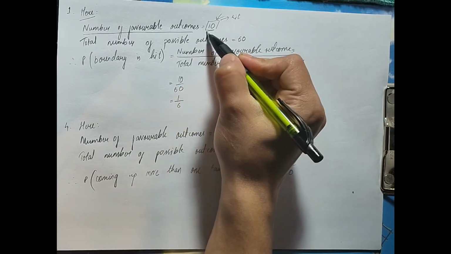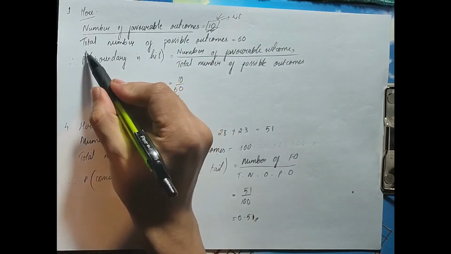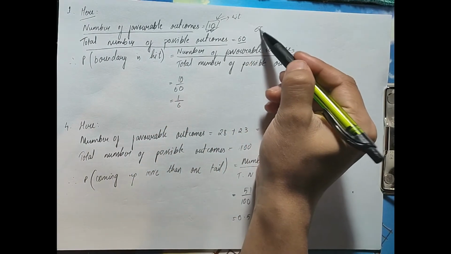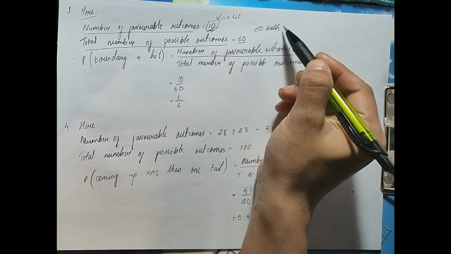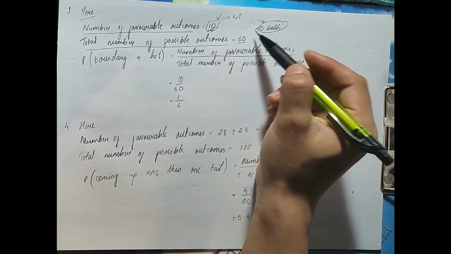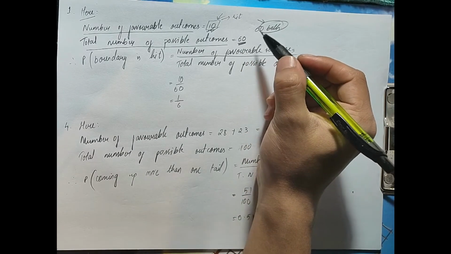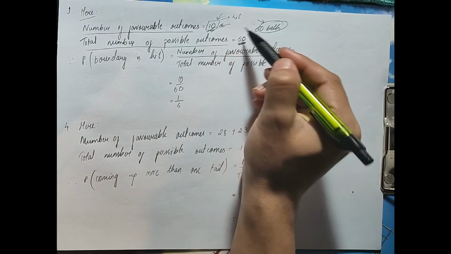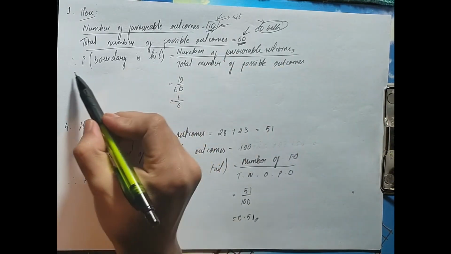The total number of possible outcomes will be 60 because he played 60 balls. So the maximum number of boundaries he could hit was definitely 60. So favorable 10 and possible 60.